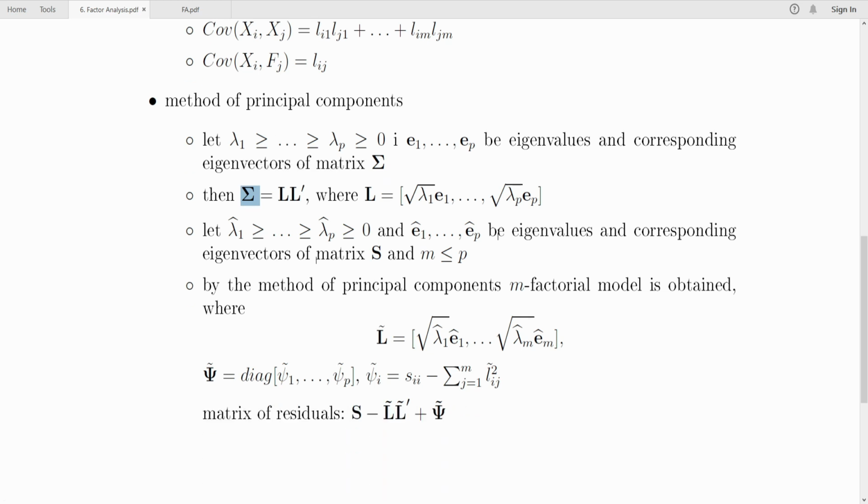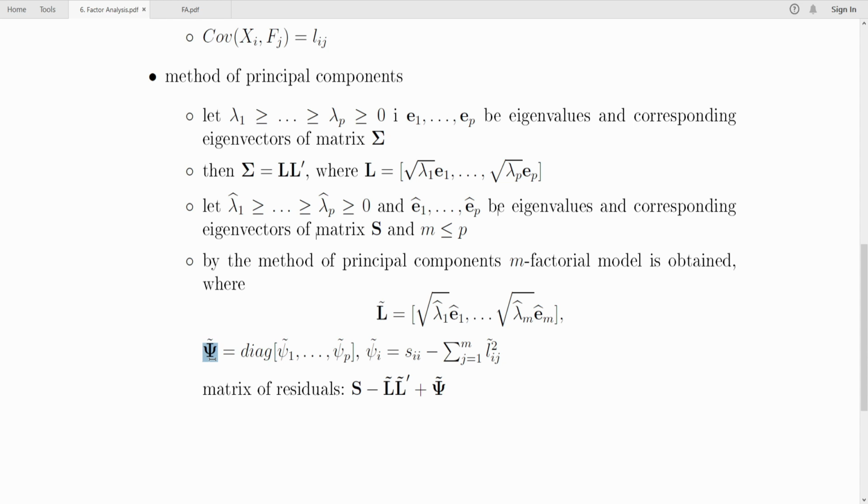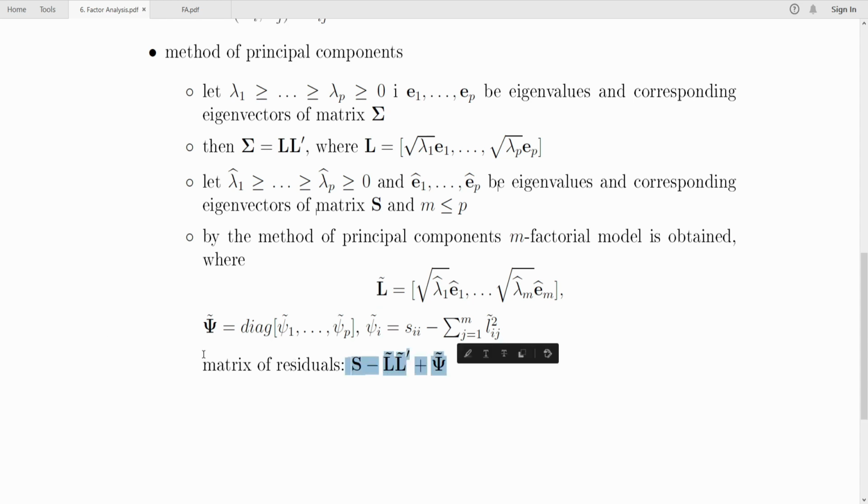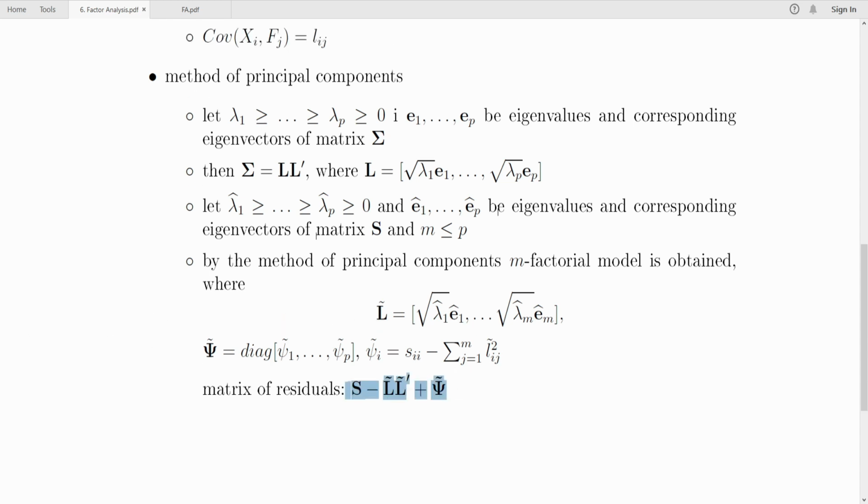We estimate psi, psi tilde, only by subtracting L tilde L tilde transpose from S. So this expression is our estimation of psi, and then we have a matrix of residuals.